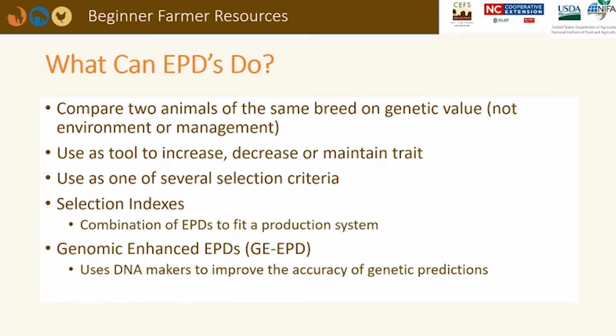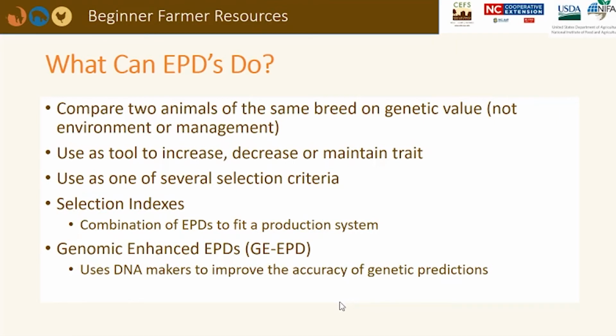And they should be used as one of several selection criteria. This is very important, because if you use a single EPD to select on, you might introduce other stuff you don't want. So you basically look at a package of EPDs on an animal that fits your criteria for growth, for milk, and that sort of thing.